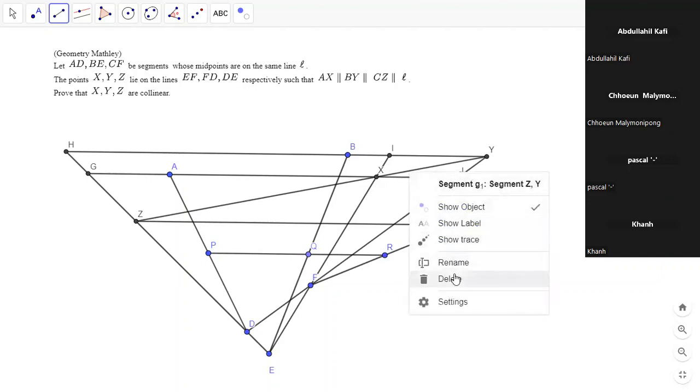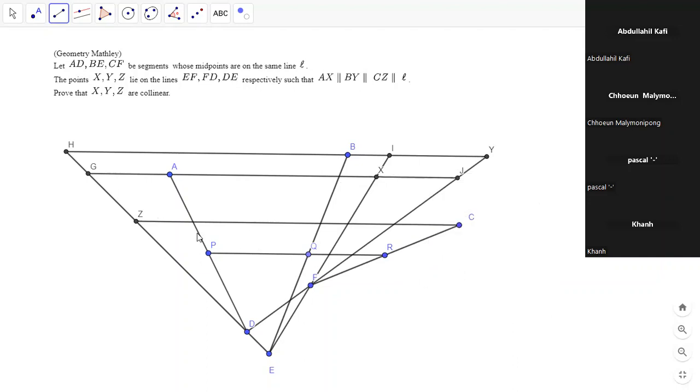But if we don't know that they're collinear, then how do we use those lengths to figure that out? So yeah, is there a general theorem that says, not sure.